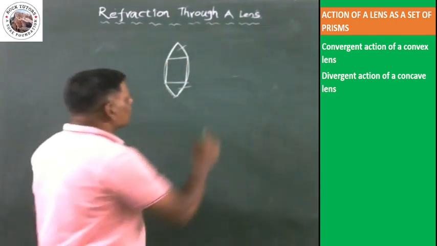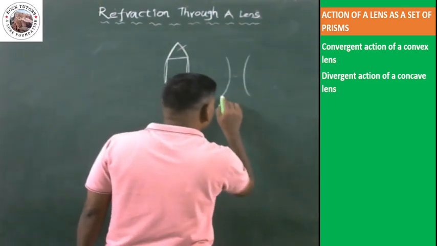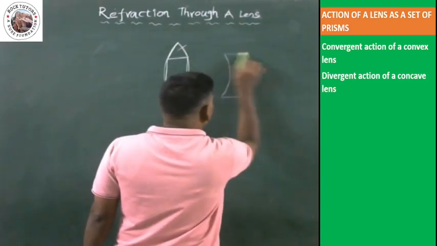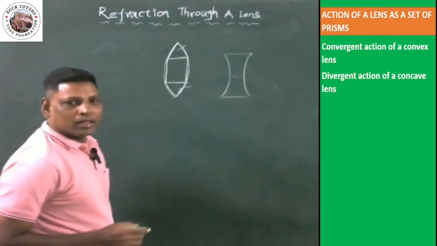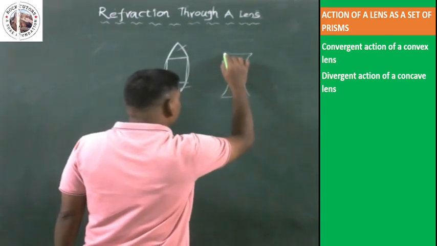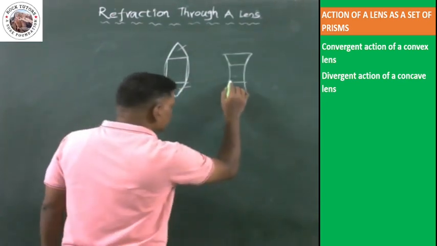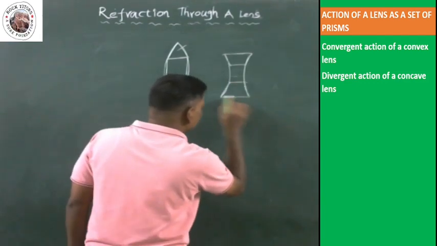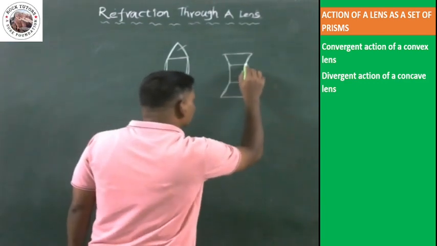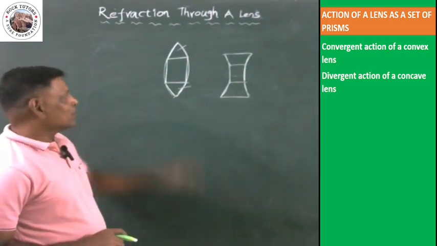If you observe a concave lens also, here this portion and this portion: this portion is a prism, this portion is also a prism, and this portion looks like a rectangular glass slab.